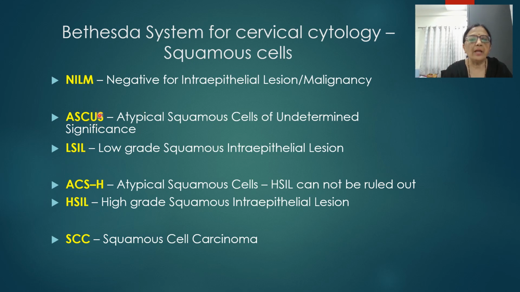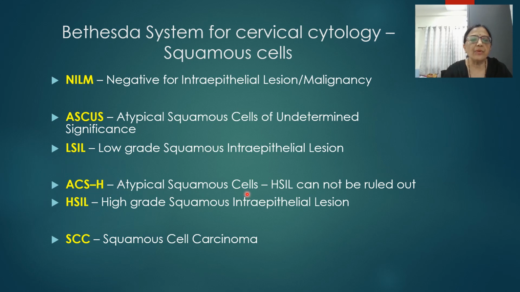ASCUS and LSIL I have grouped together because the management in most of the guidelines is similar for these two. ASCUS is atypical squamous cells of undetermined significance. LSIL is low-grade squamous intraepithelial lesion. I have grouped these two together because the management for these two also is usually similar in all the guidelines.